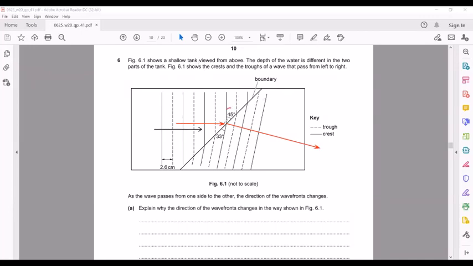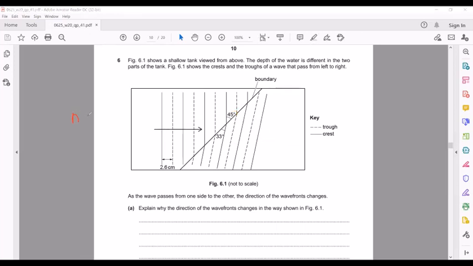The angle of the wavefront with the incident is given, and the angle of the wavefront with the refracted is also given, that is 33. Or I can also use the same concept: if I draw a normal here, normal is always perpendicular to the surface.